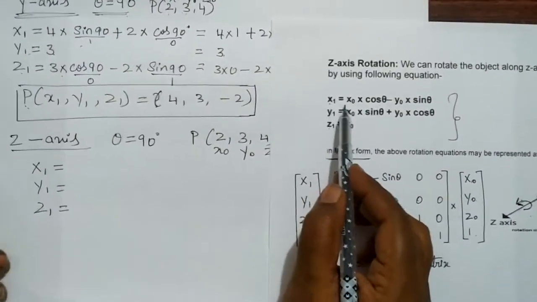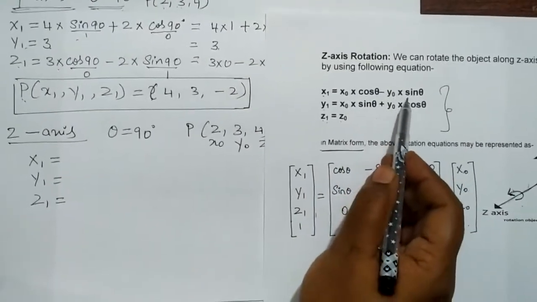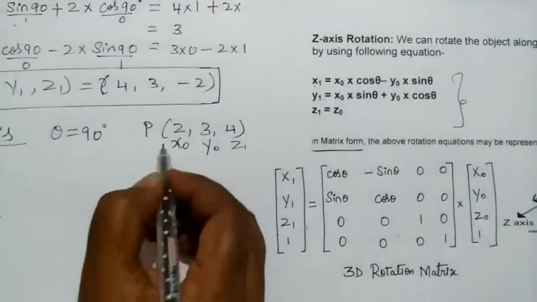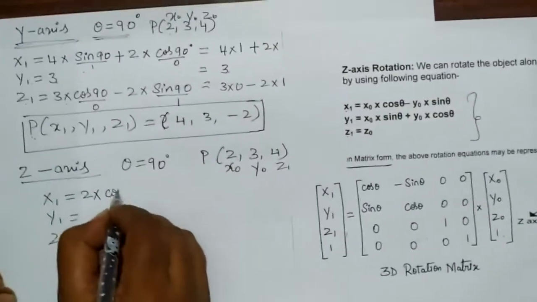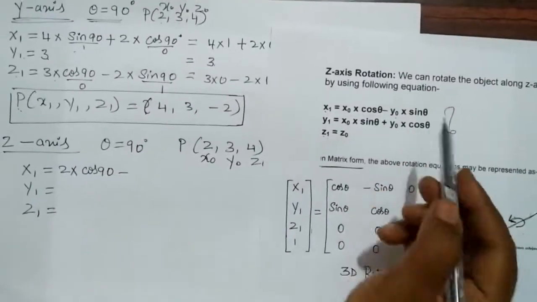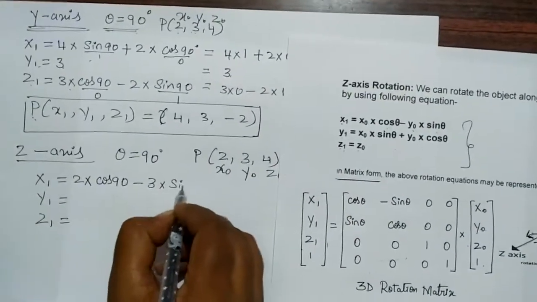x1 will be x0 into cos theta minus y0 into sin theta. In our case, x0 is 2, so 2 into cos 90 minus y0 into sin theta, where y0 is 3, so 3 into sin 90.